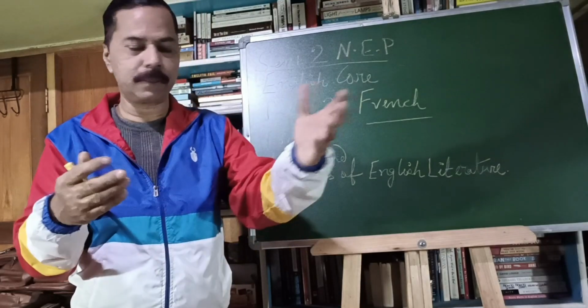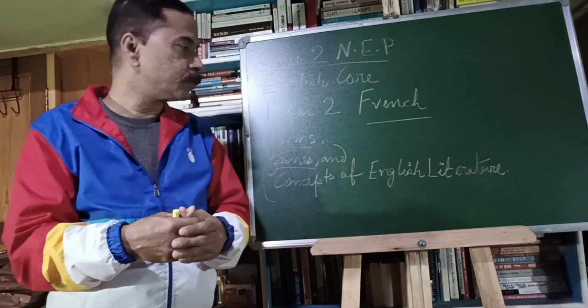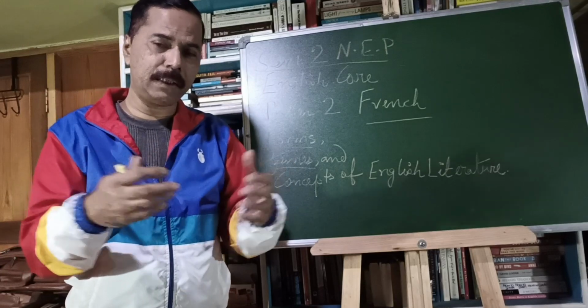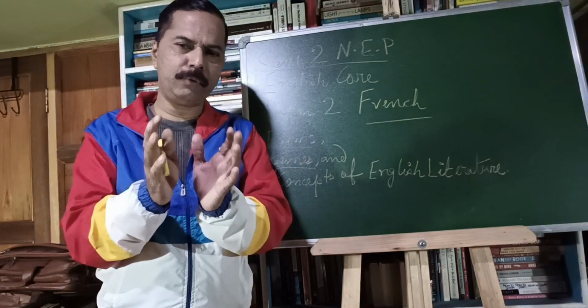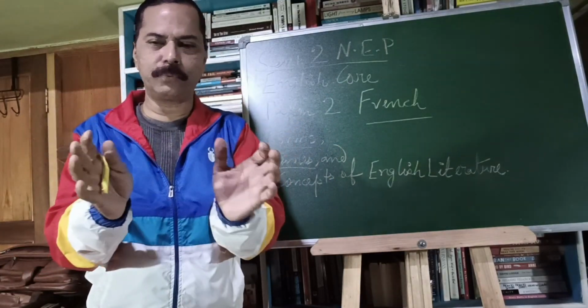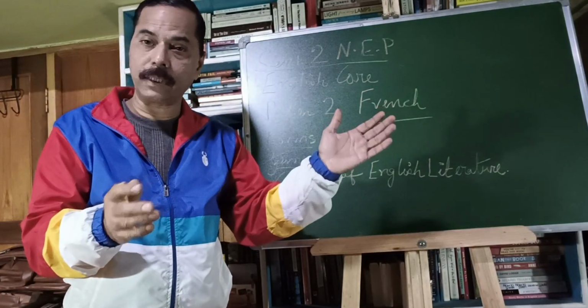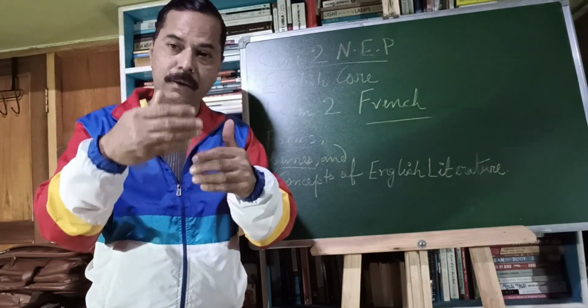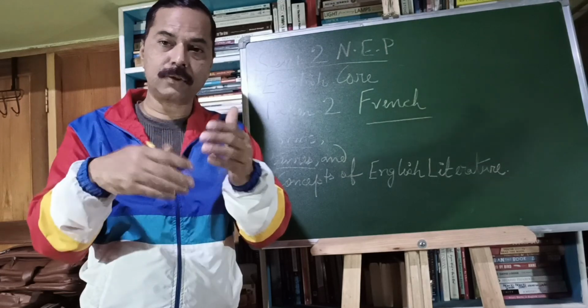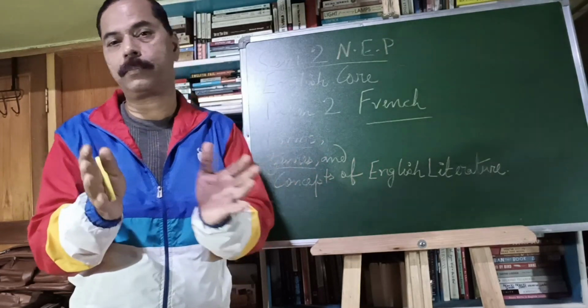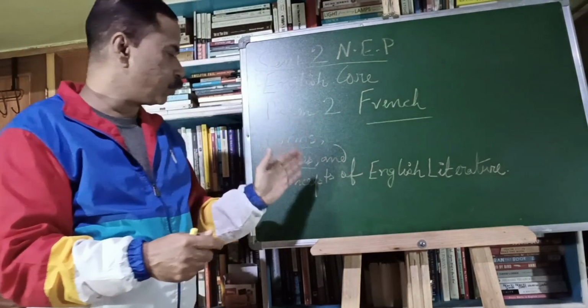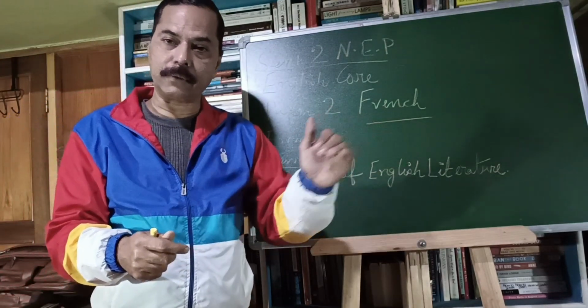For example, Vikram Seth has written a novel in verse. So that kind of hybridity is there. Still, on the whole, we can categorize literature into various forms or genres. You will get familiarized with such categories in this paper. That is the purpose of this paper: forms, genres, and concepts of English literature.